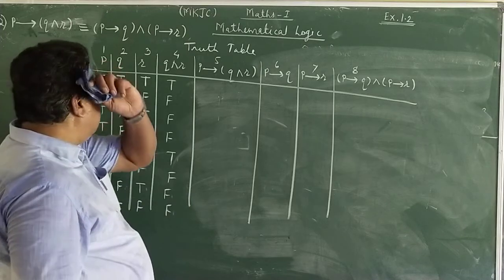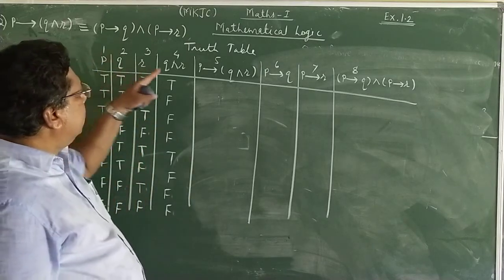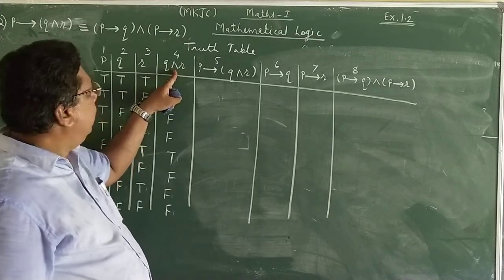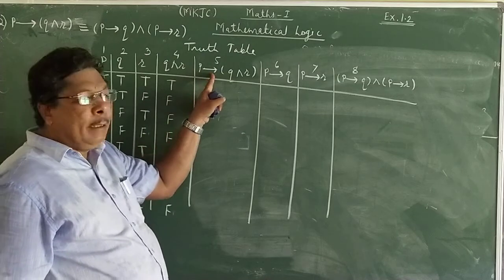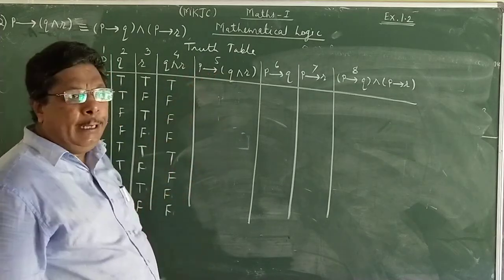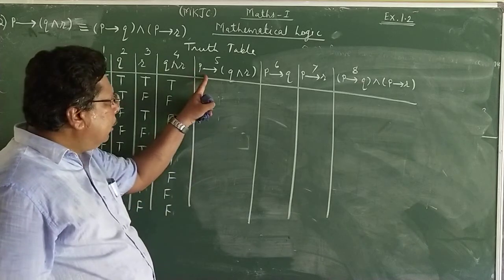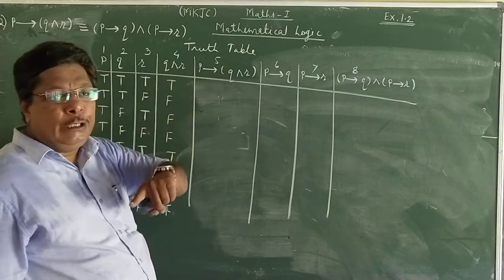Next column is P conditional Q and R. P in column number 1, Q and R in column number 4. In between columns 1 and 4, the connective is if then. What is the requirement for the connective if then? If P is true and Q and R is false, then their conditional is false.